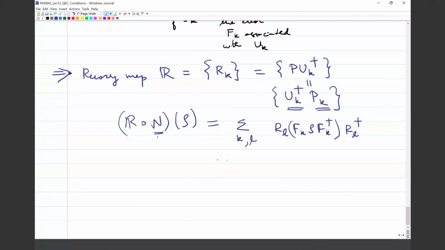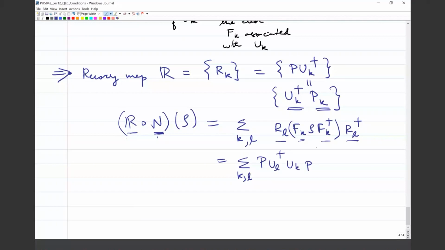Two maps, there's a composite. So this is the composition. So first the noise, then the recovery. Recovery has Krauss operators RL. Noise has Krauss operators FK. Now use the fact that the RL is nothing but P UL dagger and FK is nothing but UK P.